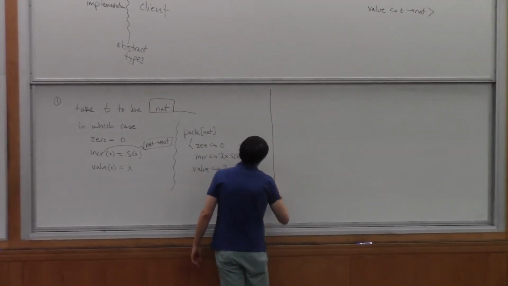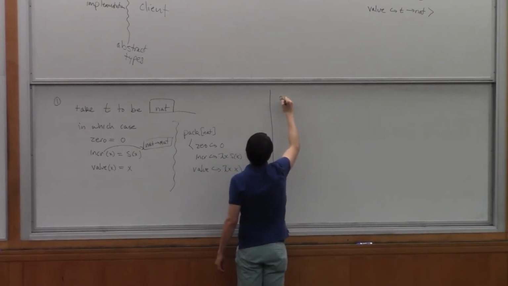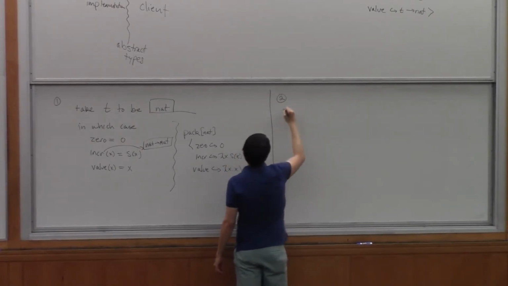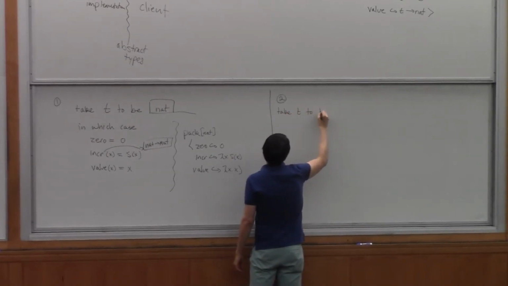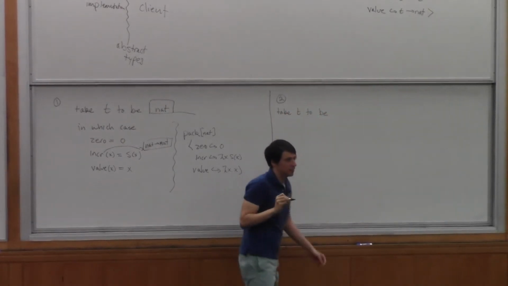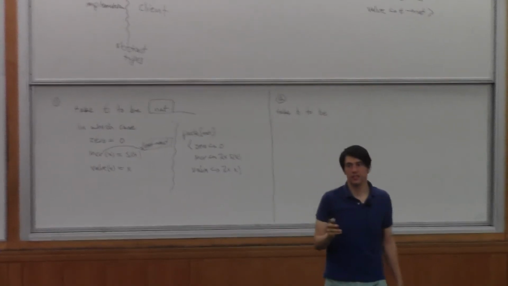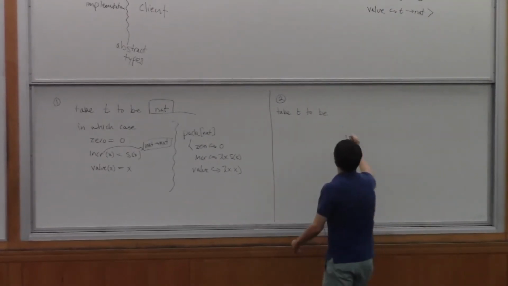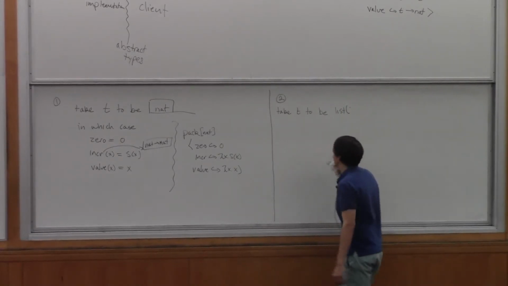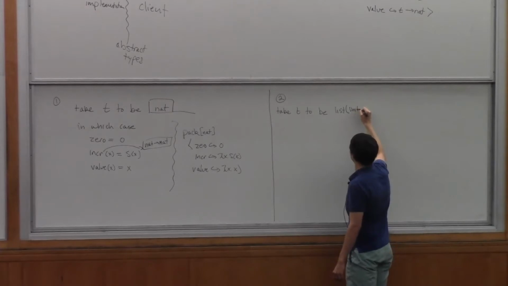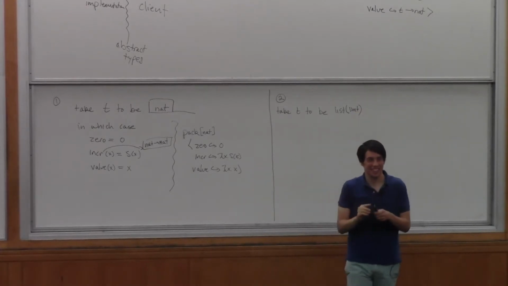So that was a very simple-minded implementation. Let's come up with a better one. Take t to be list of... okay. Where are we going with this?